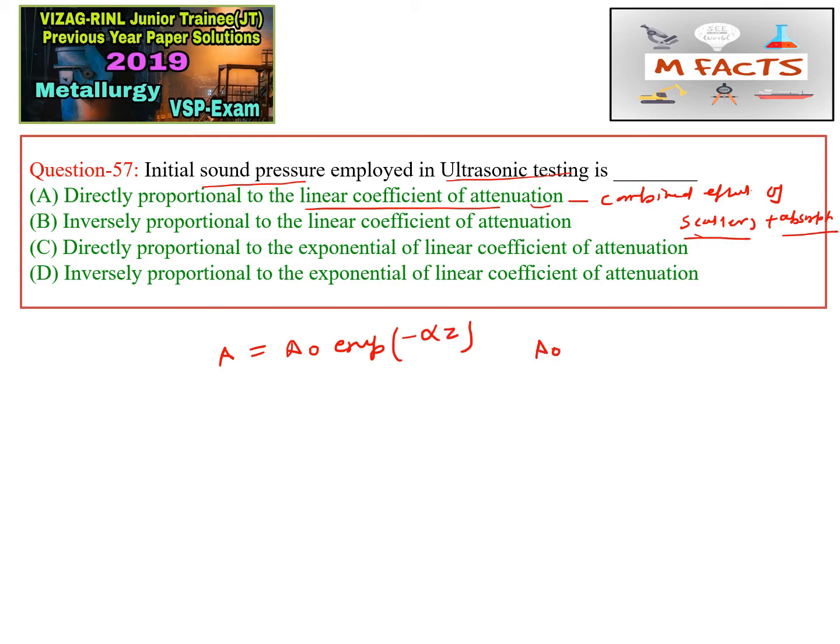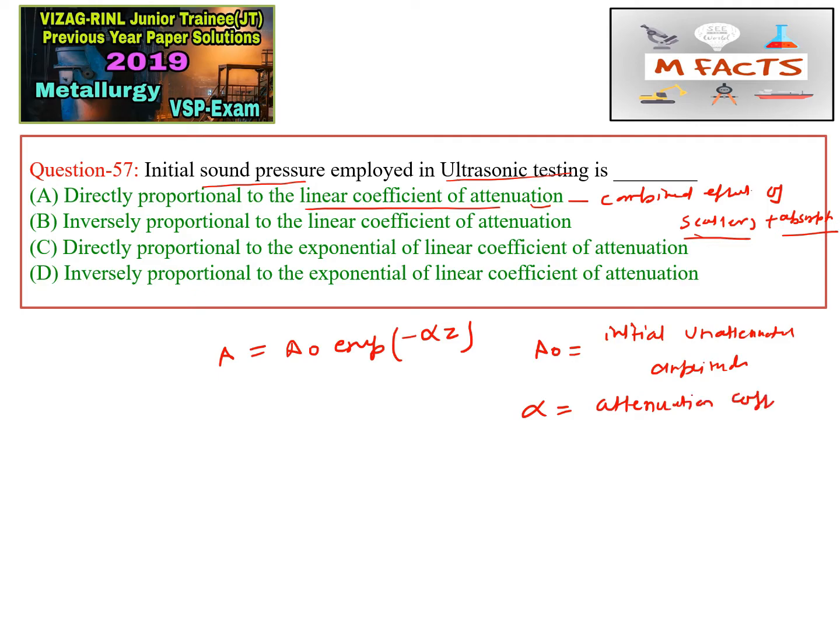Here A naught is the initial unattenuated amplitude, and alpha is the attenuation coefficient.